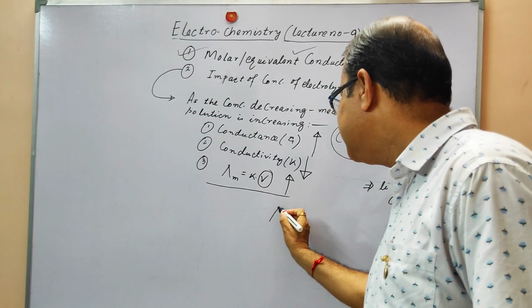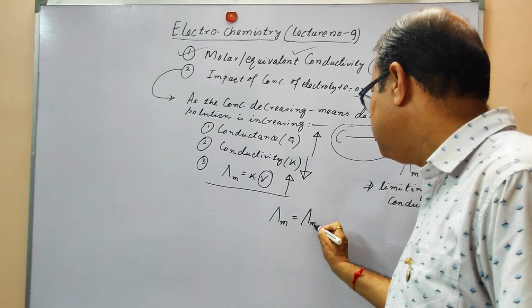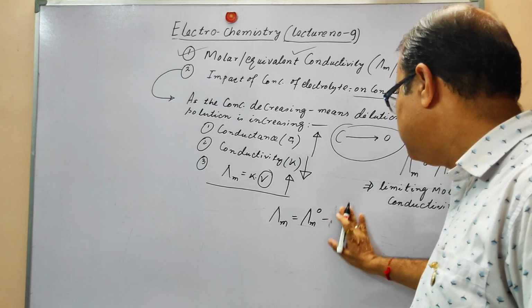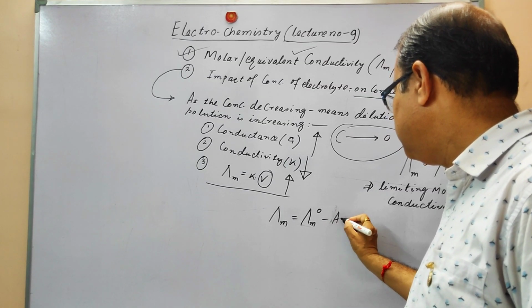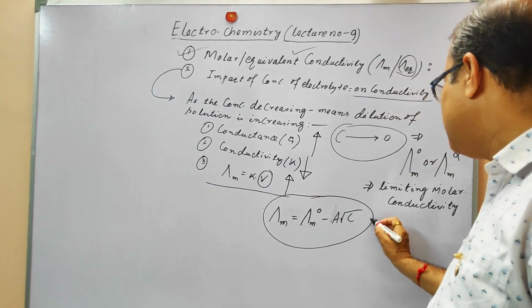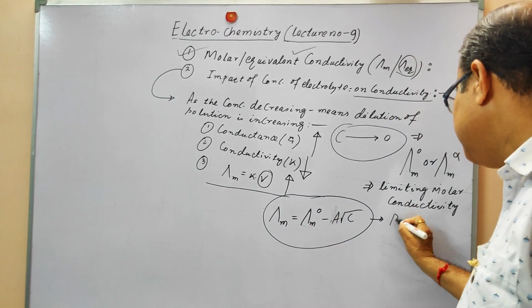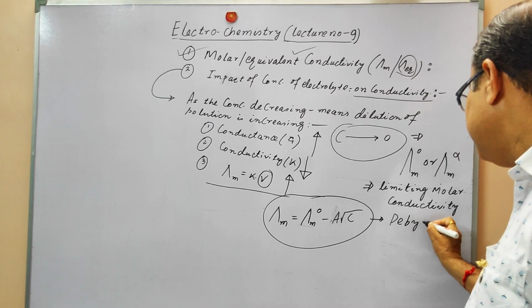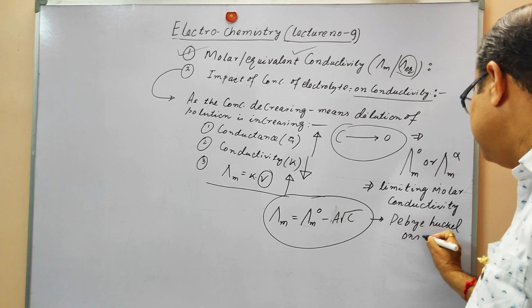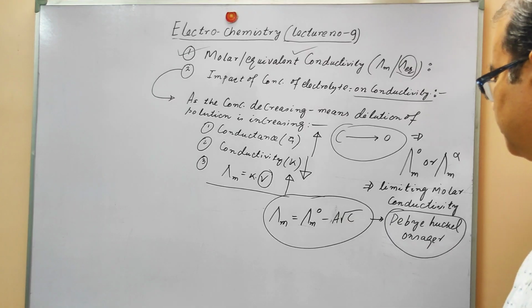This is the equation, and it is called the Debye-Hückel-Onsager equation.